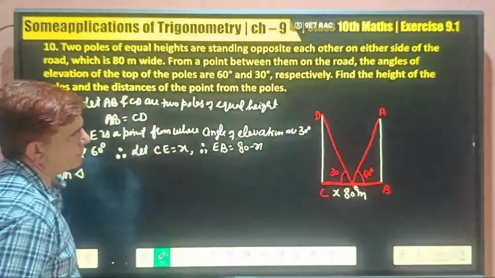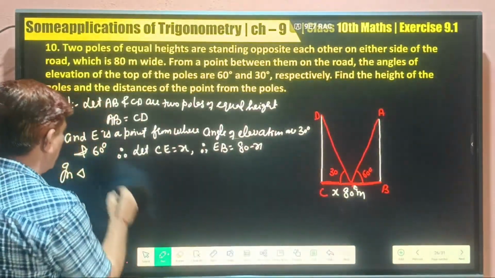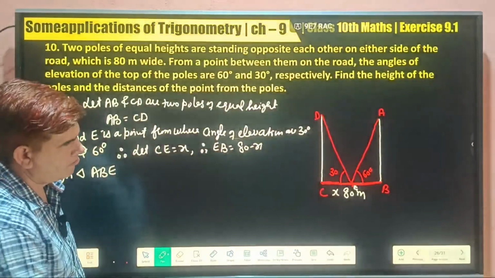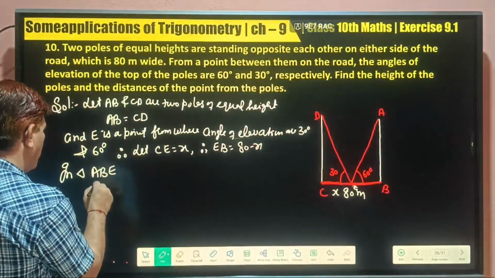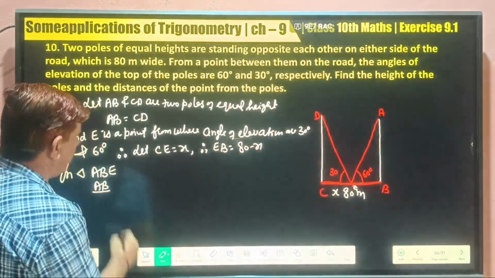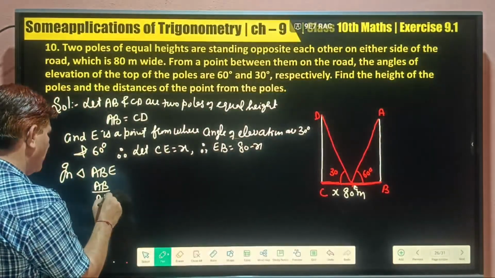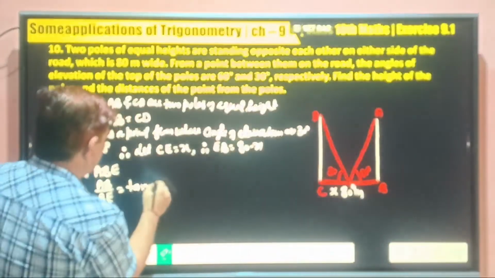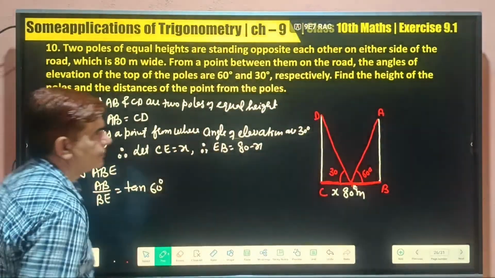In triangle ABE, AB by BE is equal to tangent 60 degree.